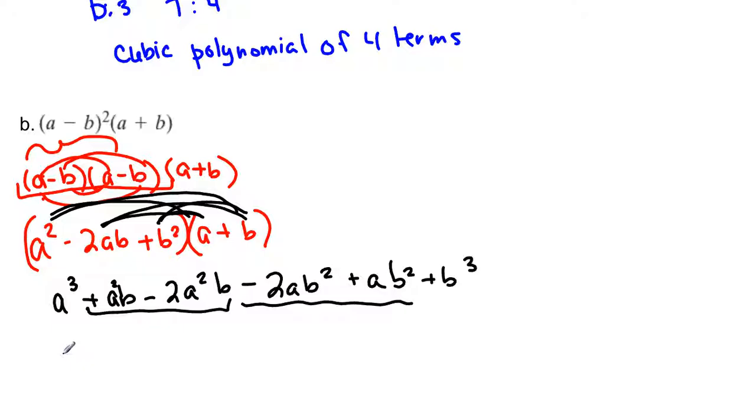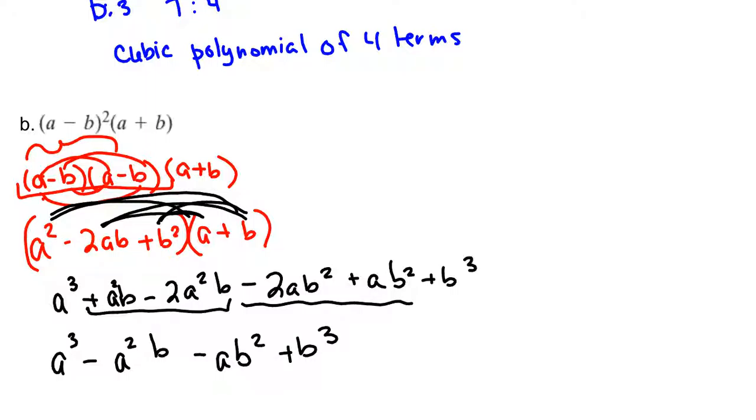So we have a cubed, a squared b minus 2a squared b is going to give you negative a squared b, because that's 1a squared b minus 2a squared b. Negative 2ab squared plus ab squared is going to give you negative ab squared. And then you have plus b cubed.